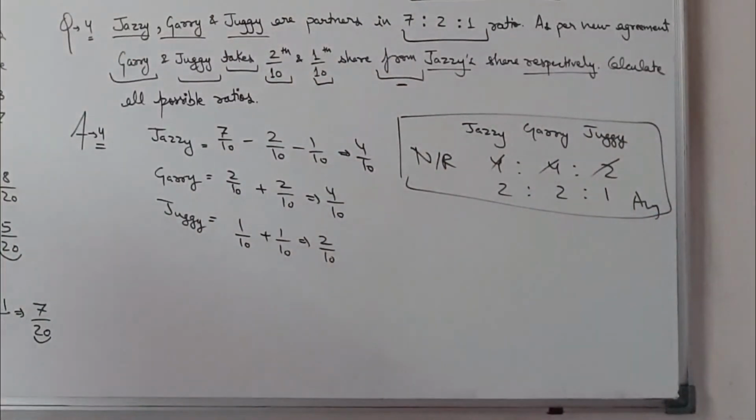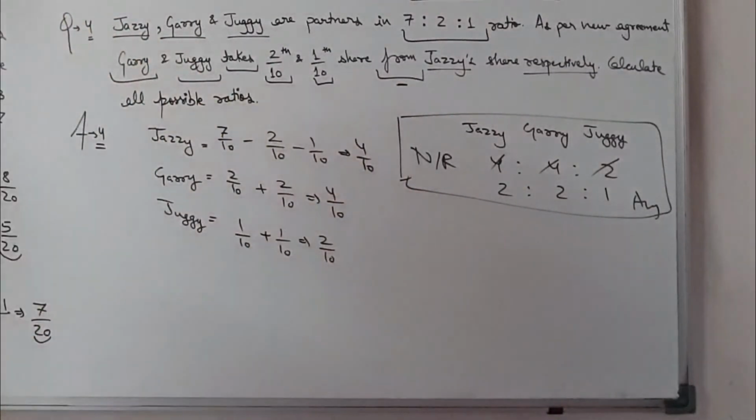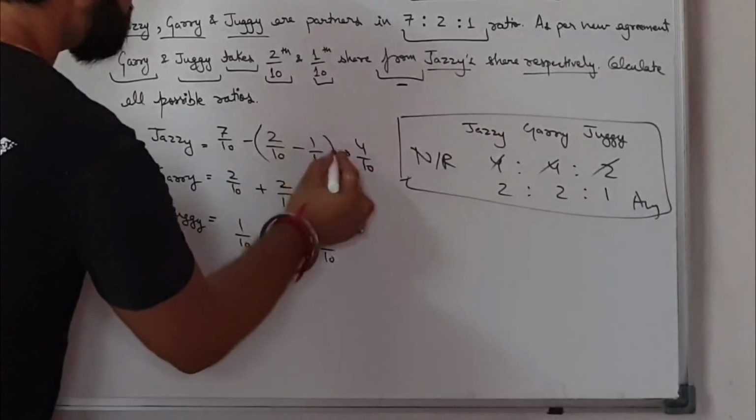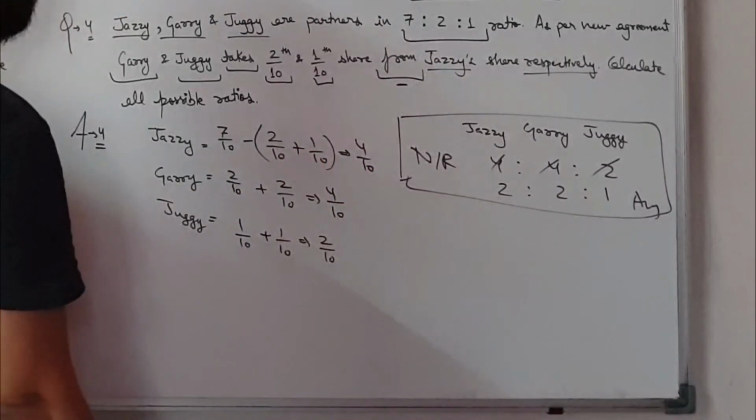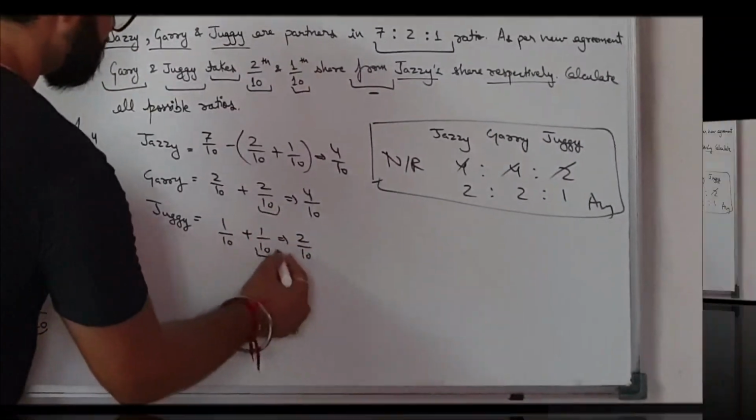Now, sacrificing ratio. Sacrifice is clear. Jazzy is sacrificing this much, Gary is gaining this much, and Jaggi is gaining this much.